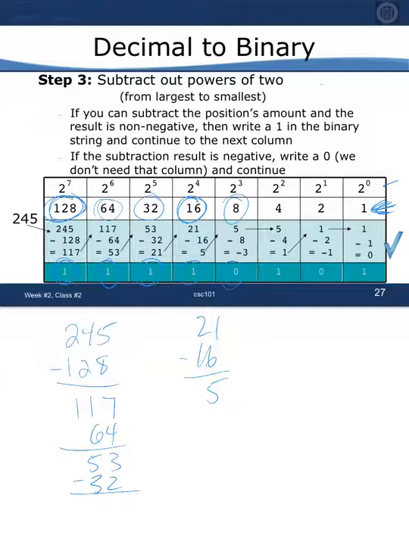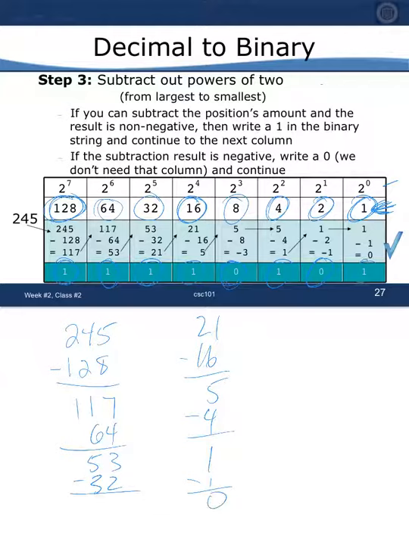Keep your $5. Put a 0 there to say I can't buy those. Now when I get to the 4s, sure, I can afford that. Buy one of those. But I only have $1 left, so I can't buy anything that costs $2. So put a 0 there, none of those. And with my $1 left, when I get to the ones digit, I can buy one.